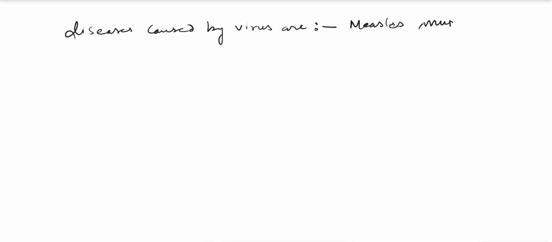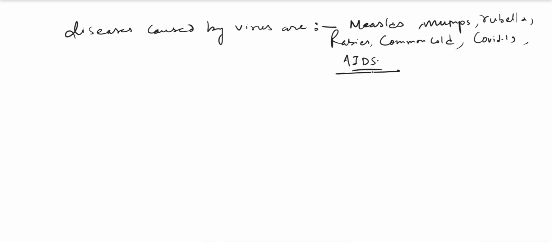The diseases caused by viruses are measles, mumps, rubella, rabies, common cold, COVID-19, and in the same way it can cause different diseases like AIDS. So these are the common diseases which are caused by the viruses.